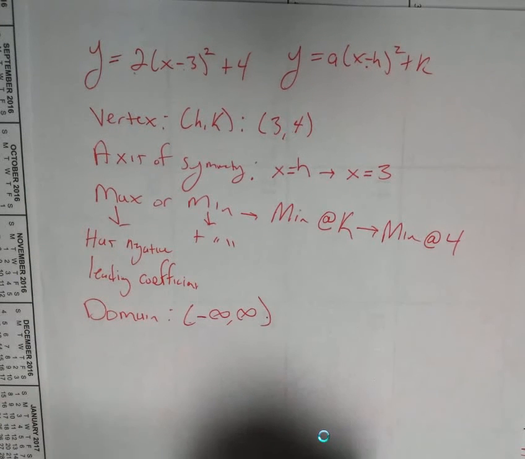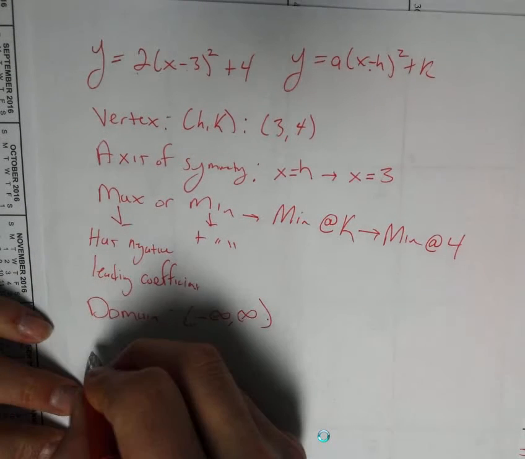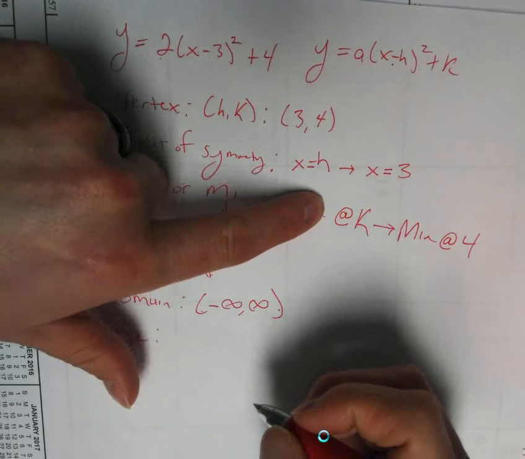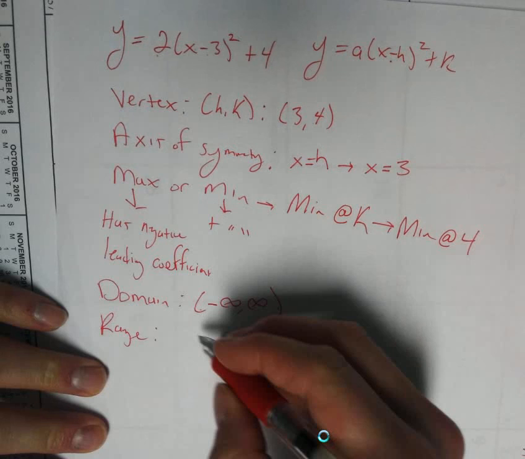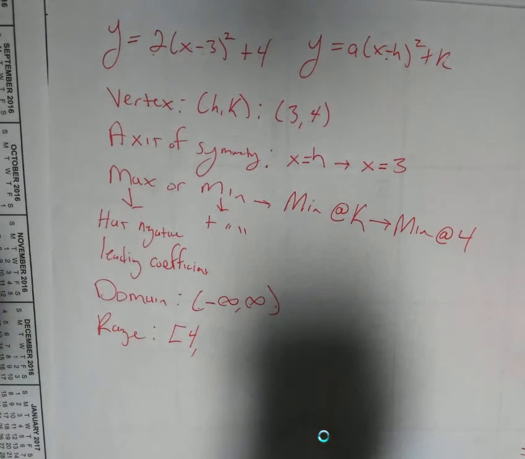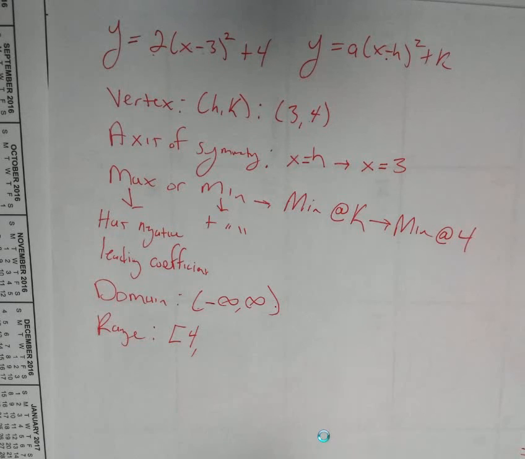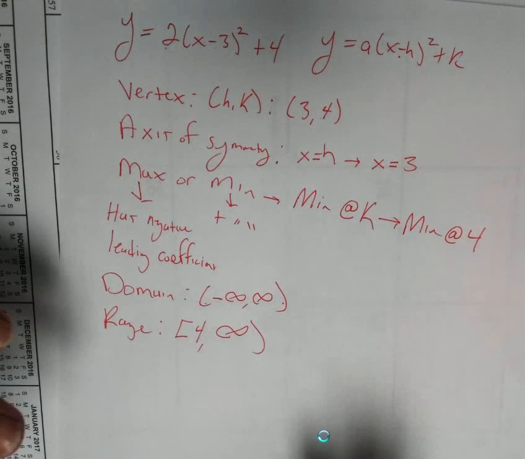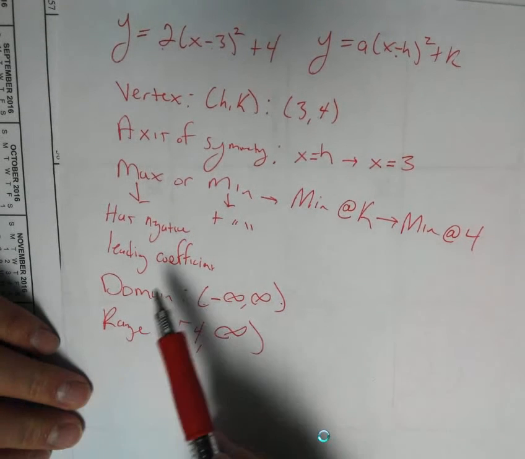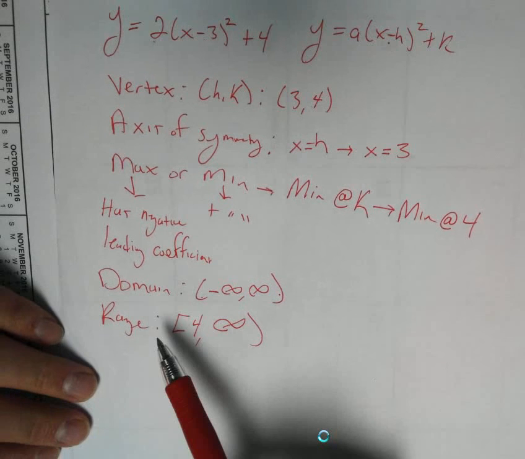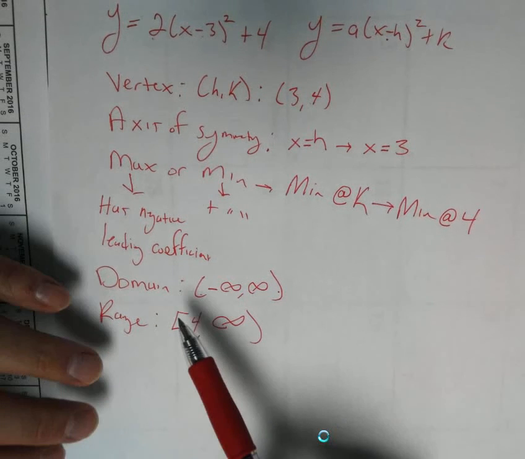And yes, you do. Range, on the other hand, if this has a minimum value, that means that we can equal the minimum value, but are we going to go higher or lower? In this case, since it's a quadratic, it's going to keep going up, so that's infinity. And those are the basic things we can learn from vertex form. We can go even farther with this, but for now, this is where we're going to stop at, and we're going to do some practice problems.